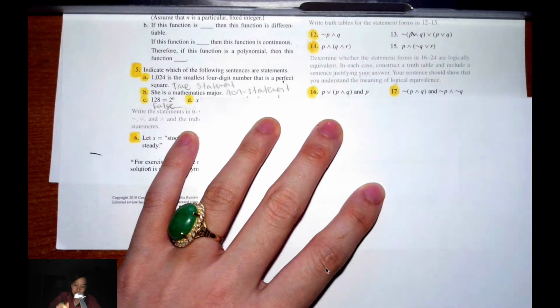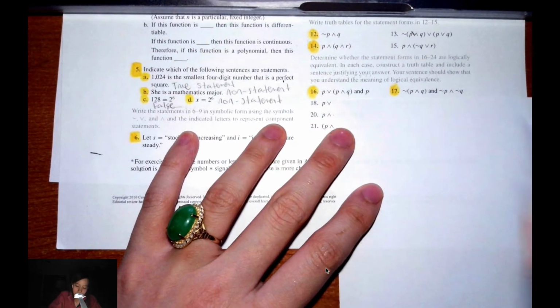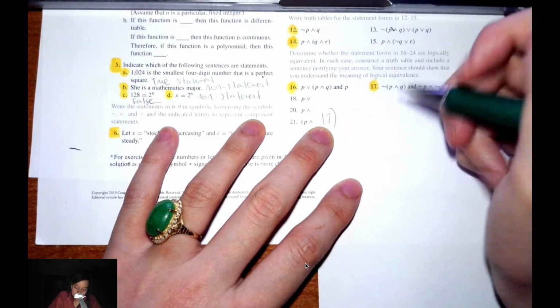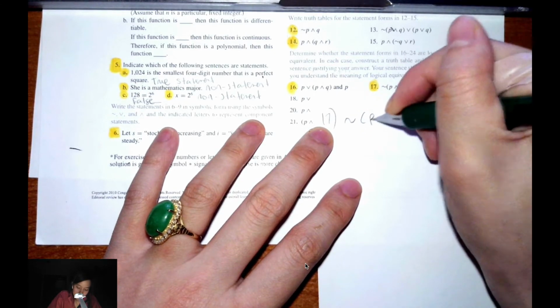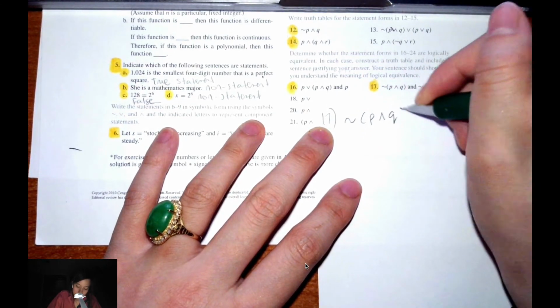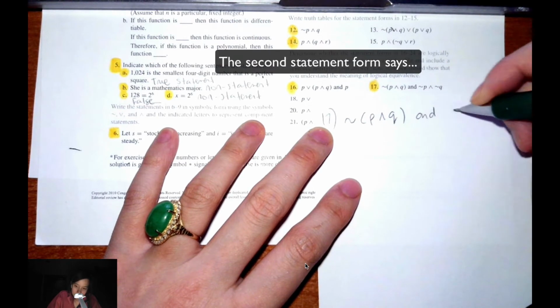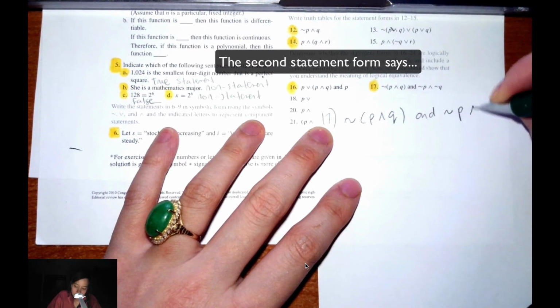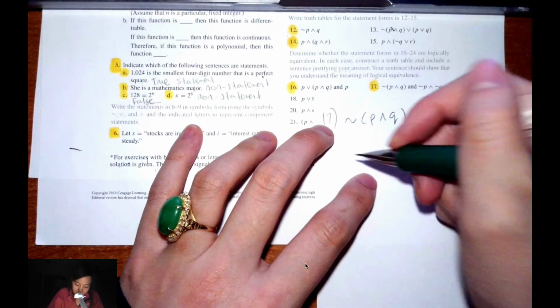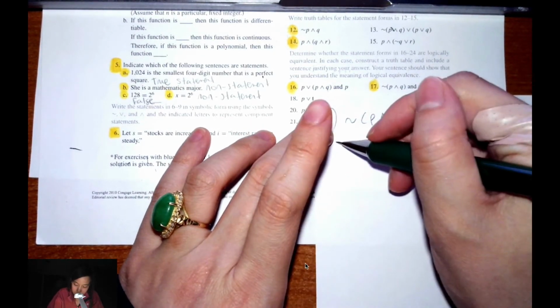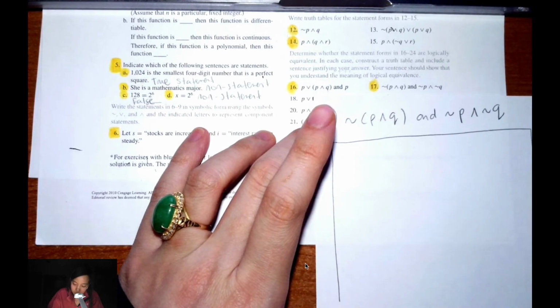Okay, so 17 says the first statement form is the negation of (P and Q), and the second is the negation of P and the negation of Q. We want to make a truth table to see if these two statement forms are logically equivalent.